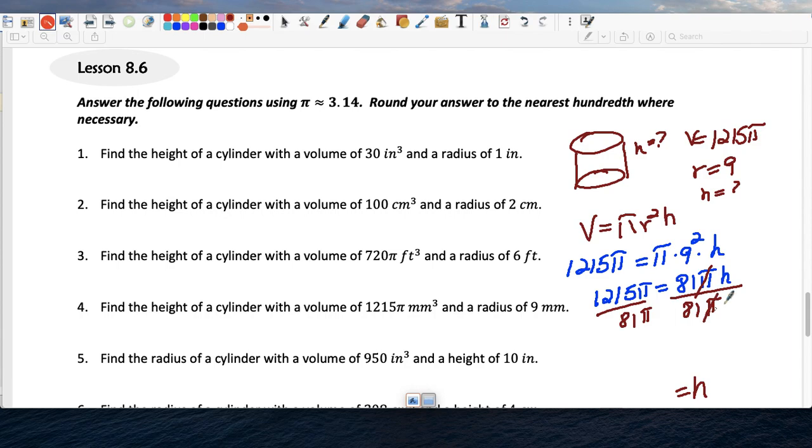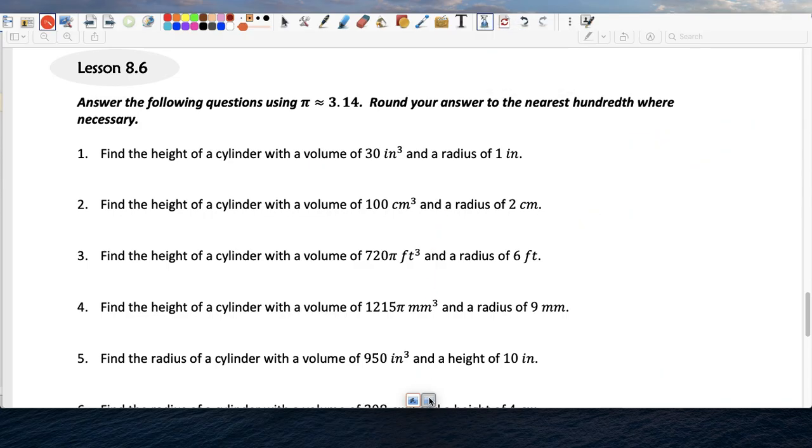So pi divided by pi is 1, 81 divided by 81 is 1, and 1 times h is h. So I have h all by itself. On the other side, I'm going to divide 1,215 pi divided by 81 pi. And for the record, you can just get rid of the pi's, right? So you're literally just dividing 1,215 divided by 81, and we get that the height is 15. Okay. So those are cylinder with height problems.